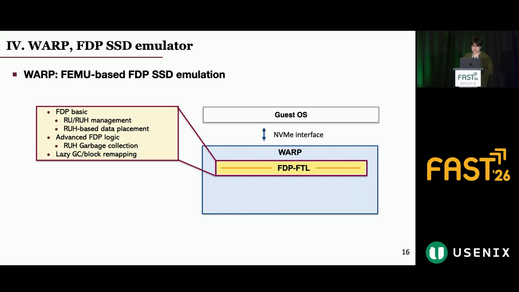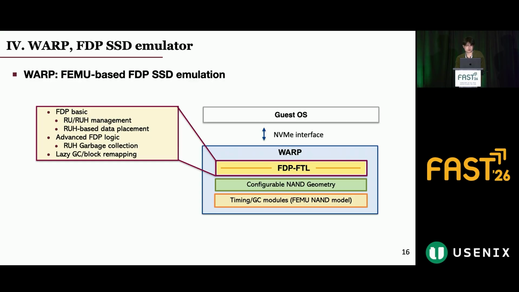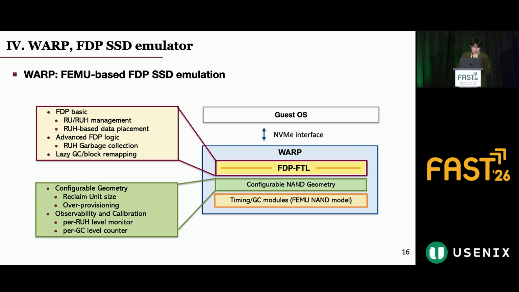Optimizations such as lazy garbage collection and block remapping allow us to defer expensive GC operations and study their impact more precisely. And more critical is that WARP exposes what real hardware hides. On the NAND geometry side, we support configurable NAND geometry.